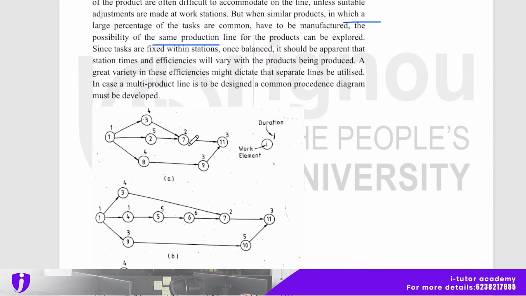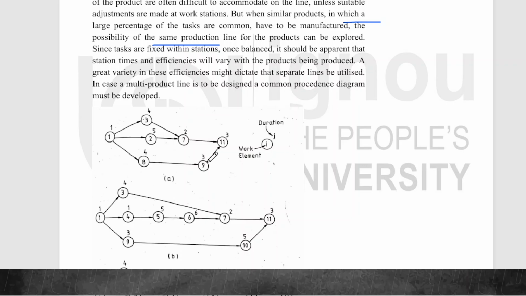Since the tasks are fixed with the stations once balanced, station times and efficiencies will vary with the products being produced. A great variety in these efficiencies might dictate that separate lines be utilized, and in case a multi-product line is to be designed, a common precedence diagram must be developed.